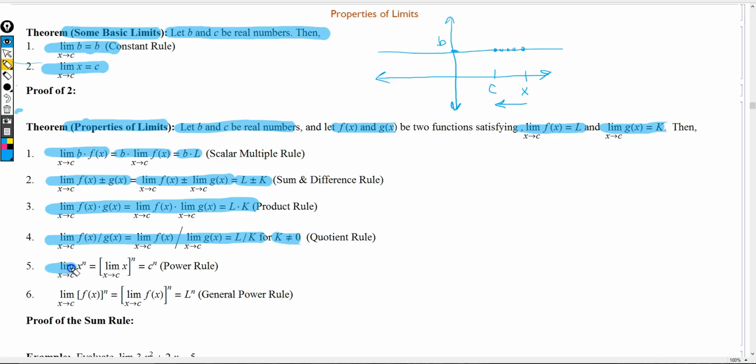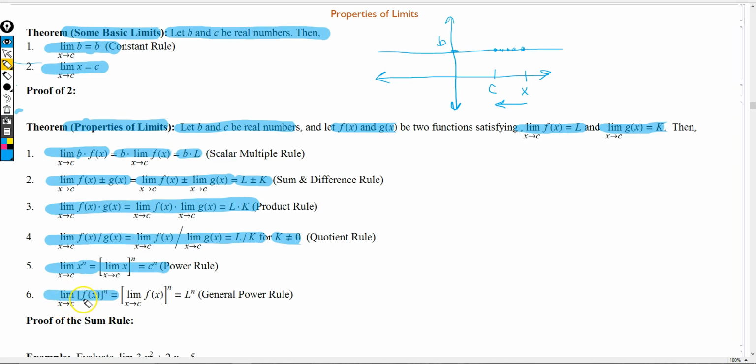We have the limit as x approaches c of x to the n is, well, what you can do is you can move the limit underneath the exponent in with the x. So it's going to be the limit as x approaches c of x to the nth power, and that's just c to the n. In other words, you can just plug the c in for the x. Alright. And then finally, the general power rule.